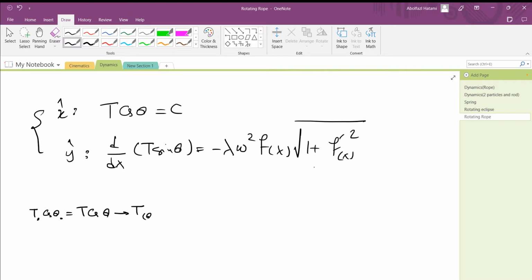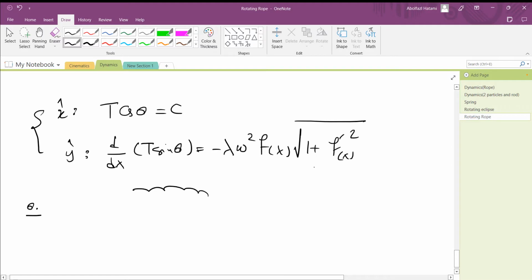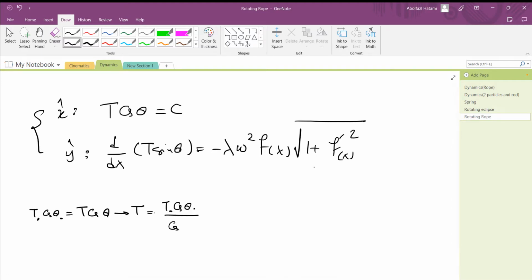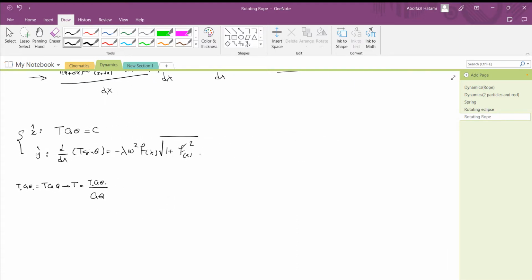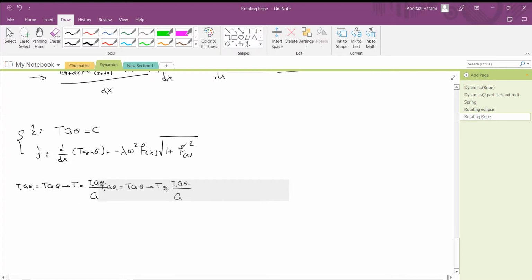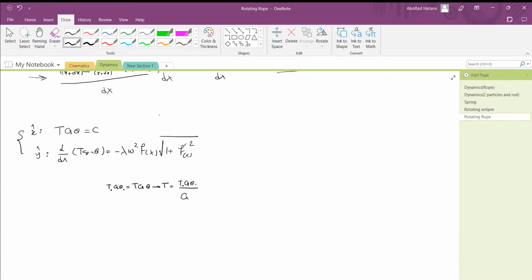So t of theta is going to be t0 cosine theta 0 divided by cosine theta. This is part B.